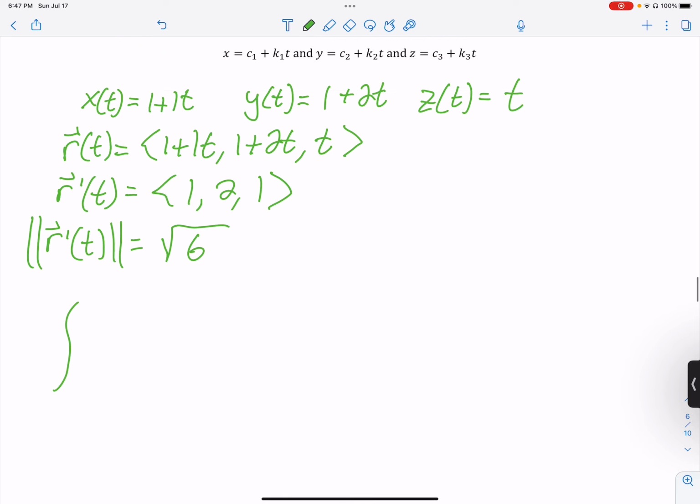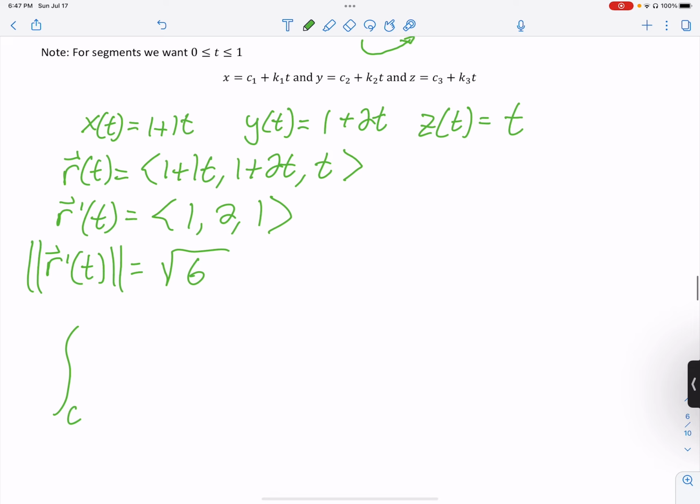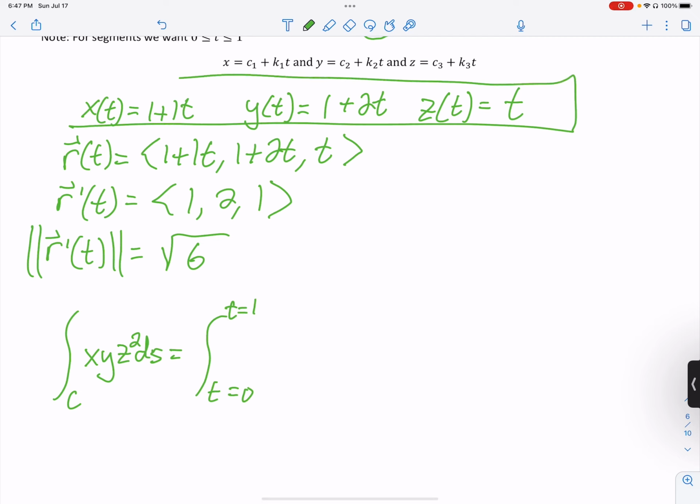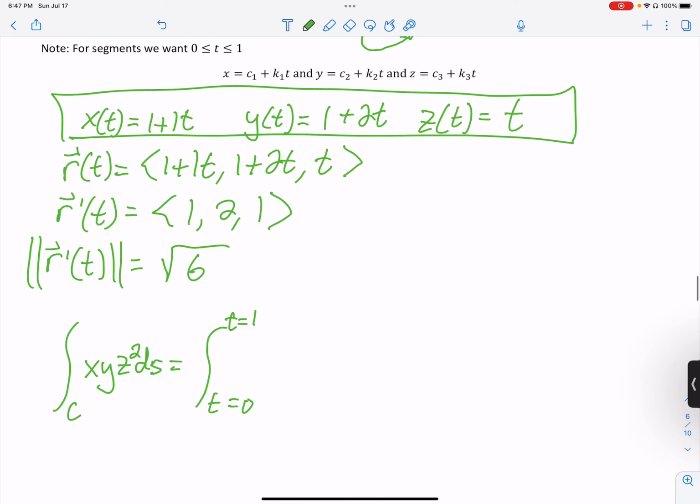So the integral over c for this segment, x, y, z squared ds is equal to the integral from t equals 0 to 1. We always want, if we create these, that's how it's always going to work out. You should check those, by the way. You should plug in 0 and plug in 1 and make sure you get 1 point and then the other. Now I'm just going to plug everything in. 1 plus 1t times 1 plus 2t times t squared.